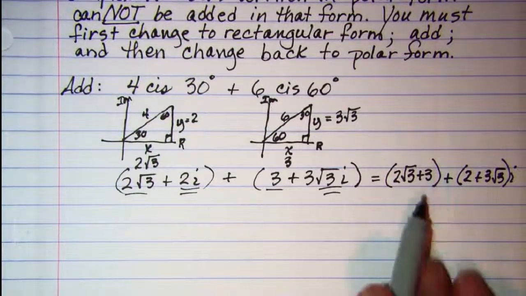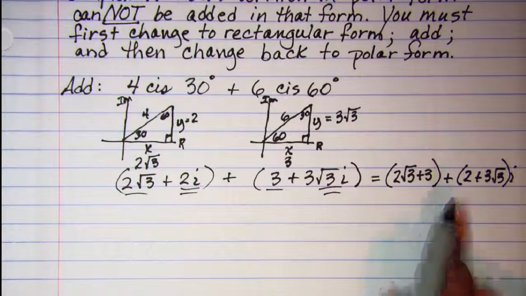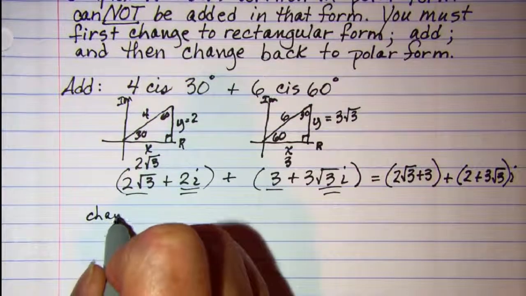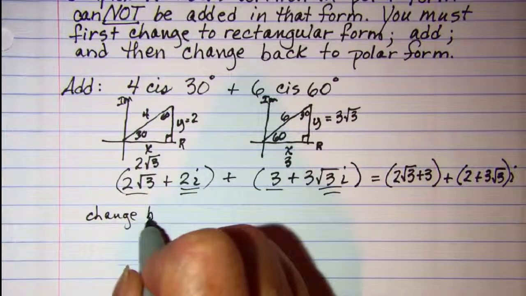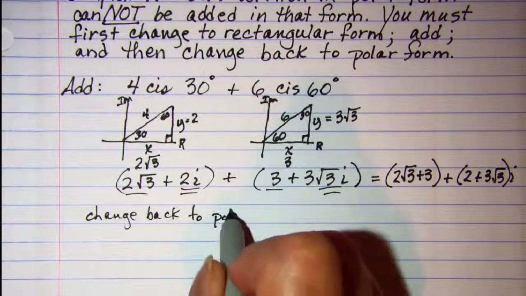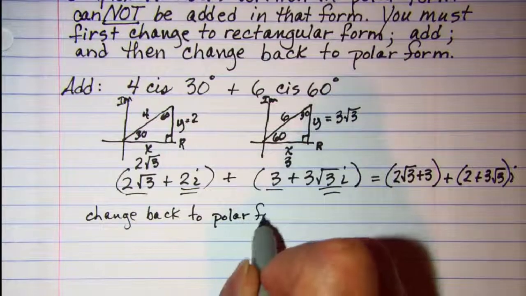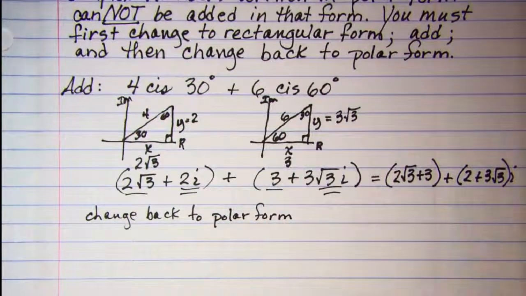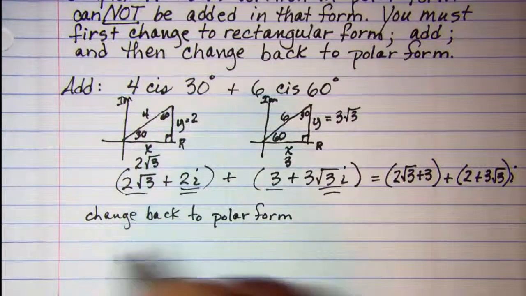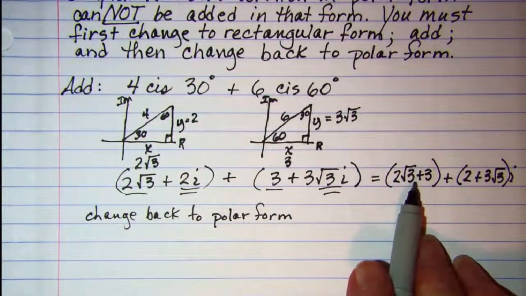Now we need to change that back to polar. We need an r value, and then we need a theta.